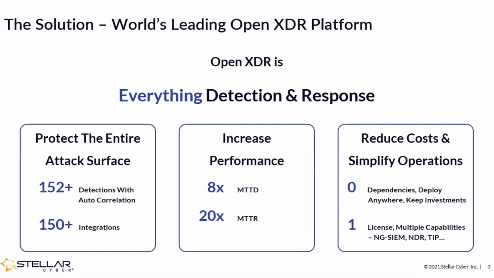Why that is critical is that as much as we can automate the whole process, that is eventually going to reduce the mean time to detection, as well as mean time to response. As a result, we're going to be able to help you reduce costs and really simplify the operation in your SOC world.